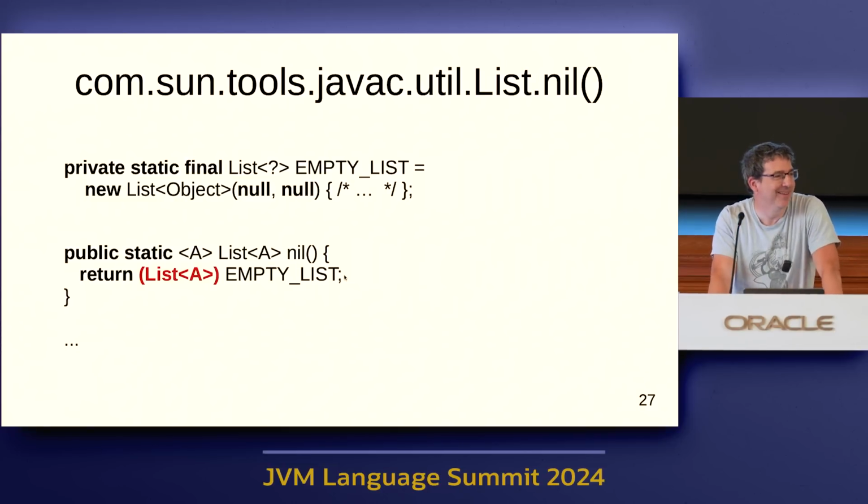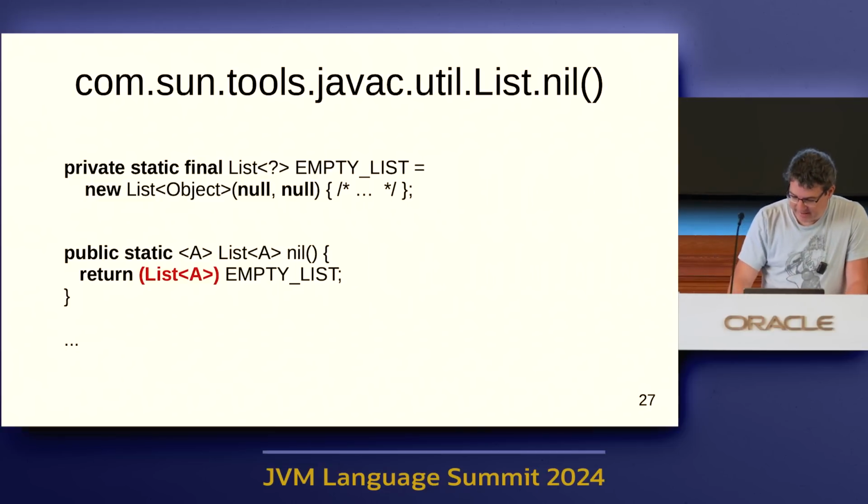Obviously, if cast has teeth, this is not a valid creation. So we have a lot of issues like this in all the immutable collections of java.util, the empty list, empty set, and so on.